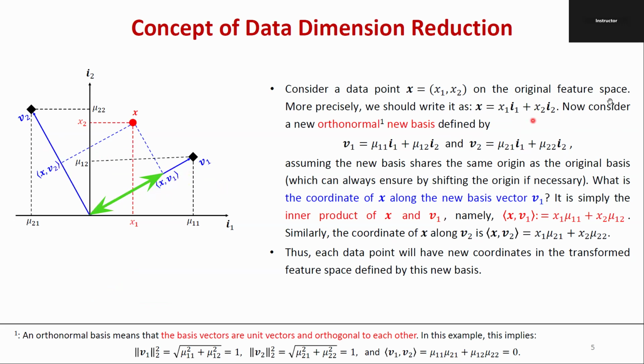And similarly, the length from here to this point should be the inner product of x and v2. So that is the thing. Okay, knowing this, we have already got the concept of projection.